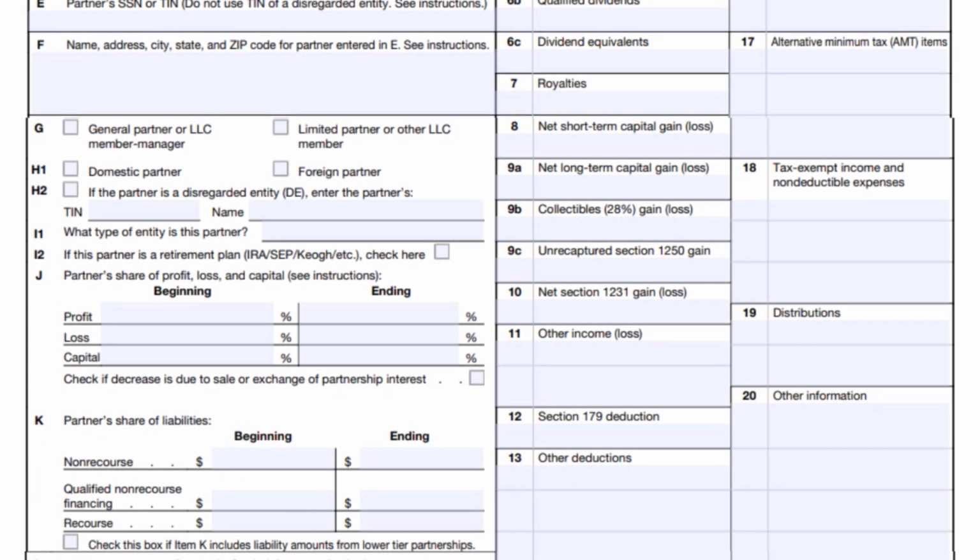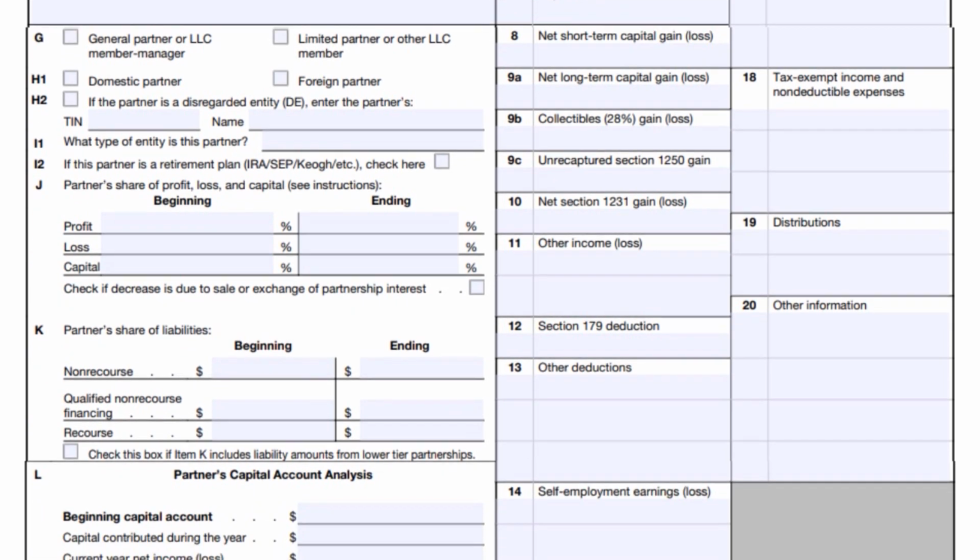Box 17, you have alternative minimum tax, AMT items, right? Box 18, you have tax-exempt income and non-deductible expenses. Box 19, you have the distributions. If you received any distributions in the form of cash, marketable securities, or property, you put it there. In box 20, you have other information.